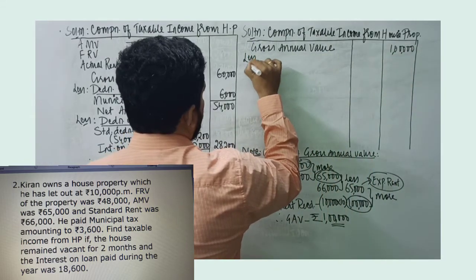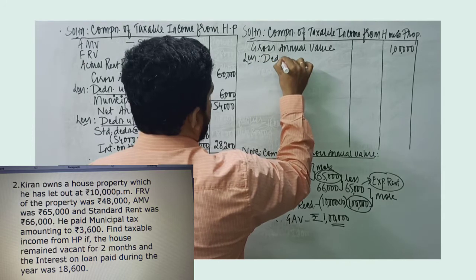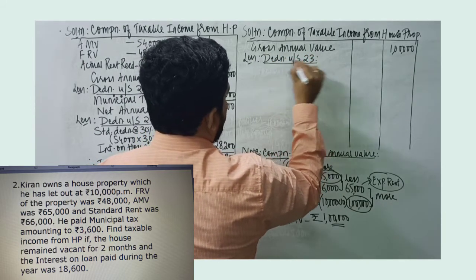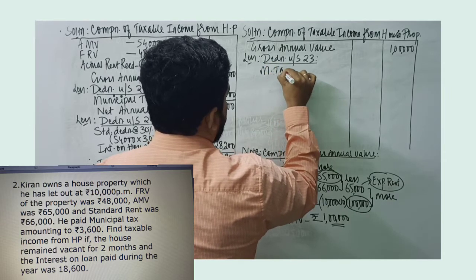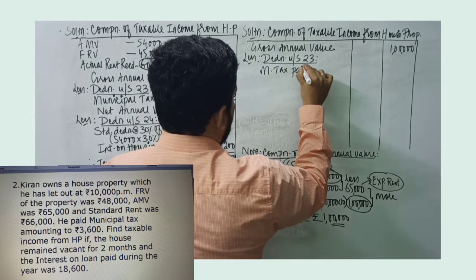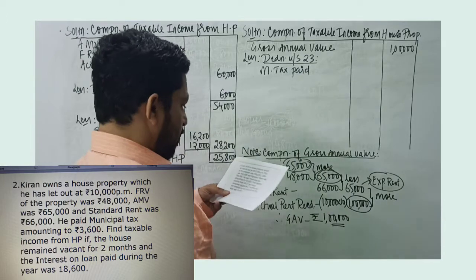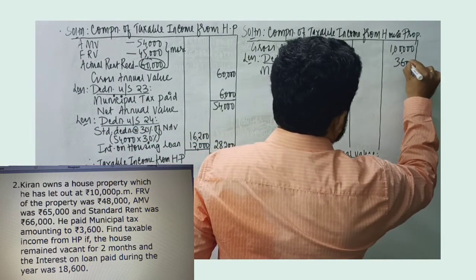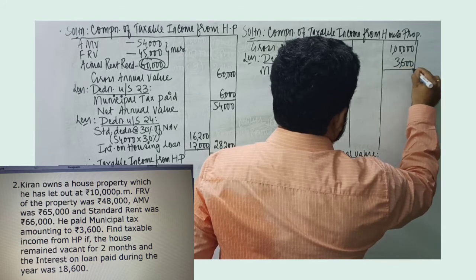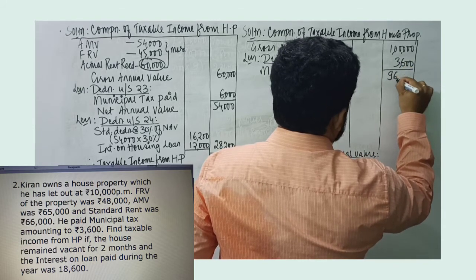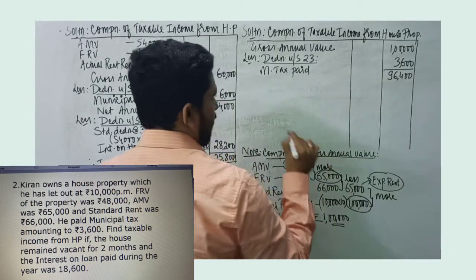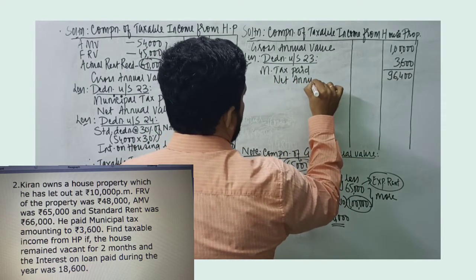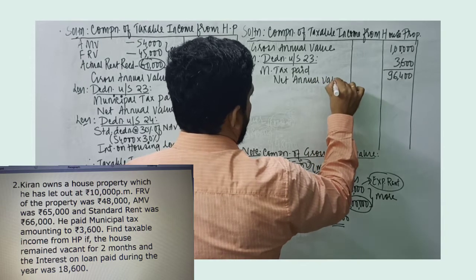From this, we deduct the deduction under section 23, that is municipal tax paid. Municipal tax paid is given in the problem: he paid municipal tax amounting to 3,600. So we deduct 3,600 and arrive at 96,400, and this 96,400 is the net annual value.